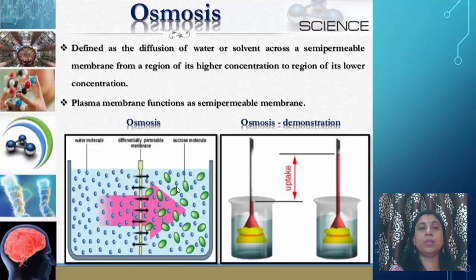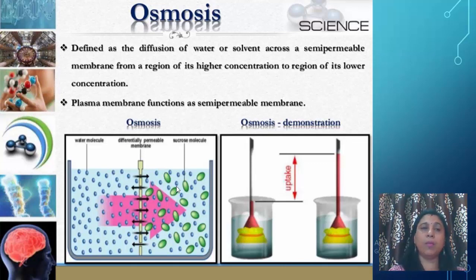Now coming to osmosis. Osmosis is the diffusion of water or solvent, means liquids, across a semi-permeable membrane from a region of higher concentration to a region of lower concentration. In diffusion also, the substances were moving from a region of higher concentration to lower concentration.